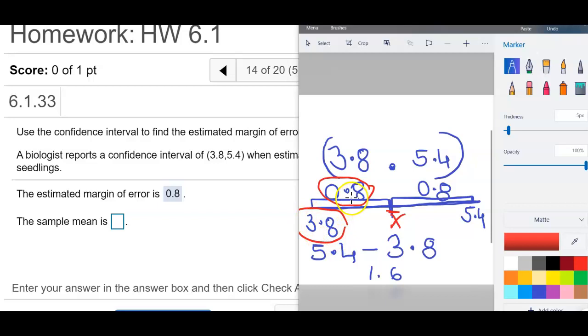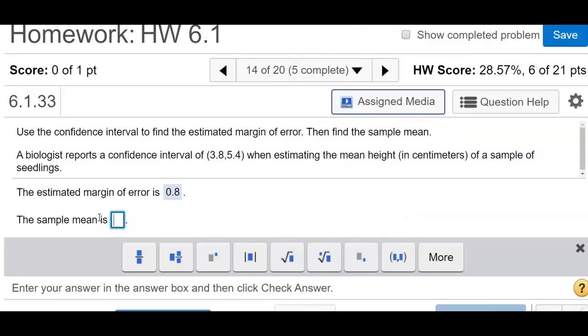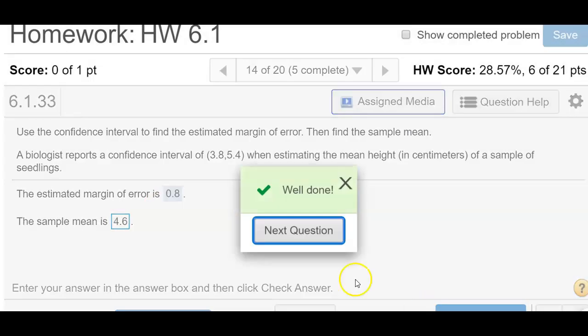So 3.8 plus 0.8 is going to give me 4.6. So my sample mean is 4.6. And check the answer. Well done.